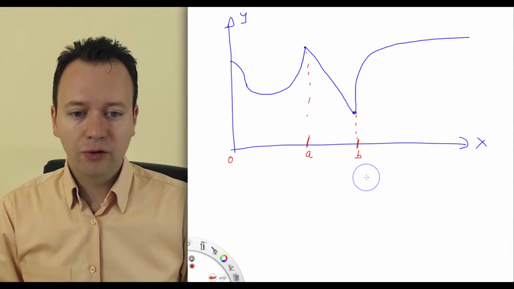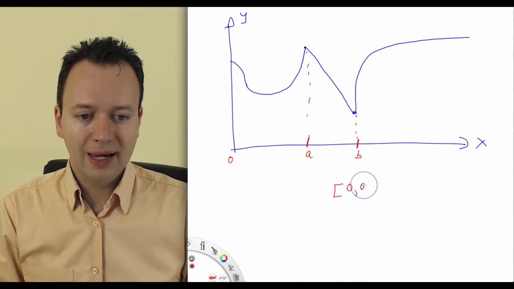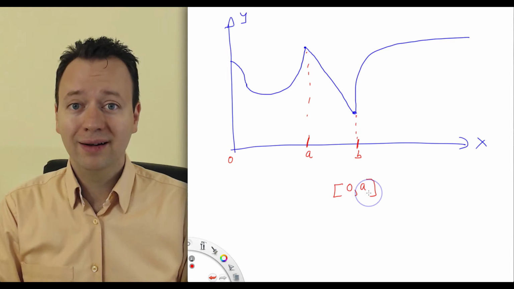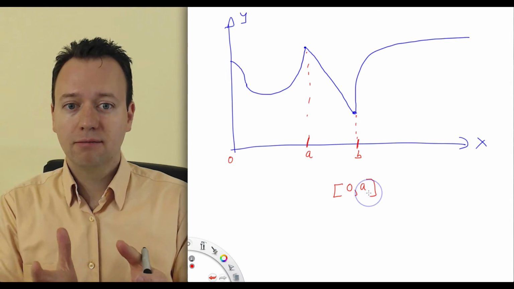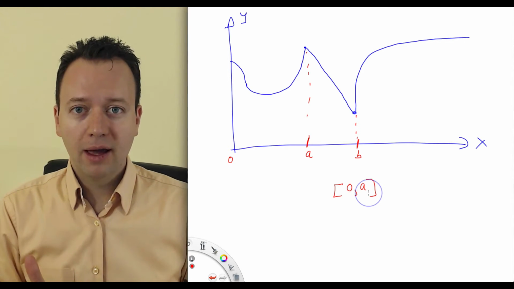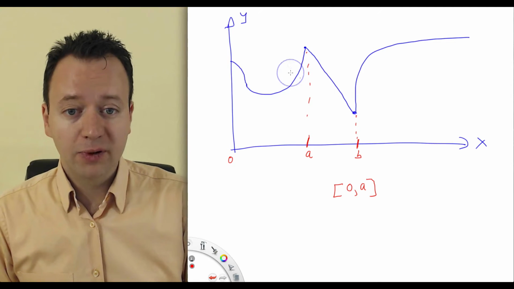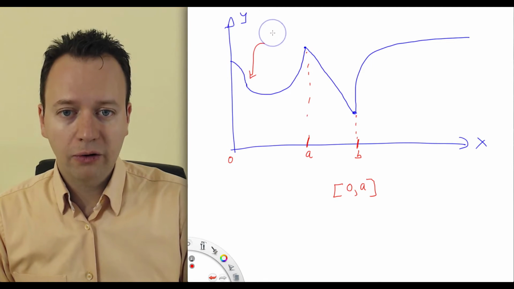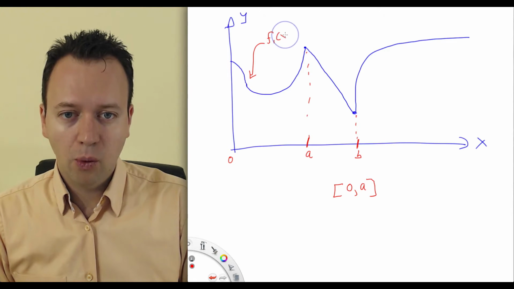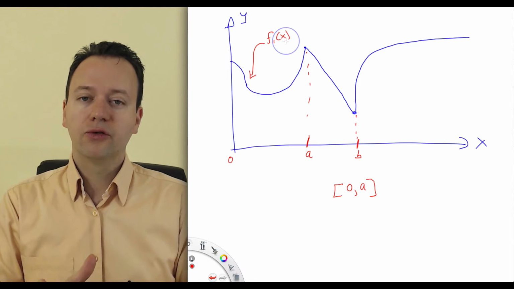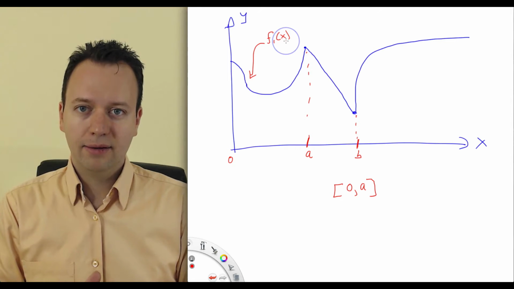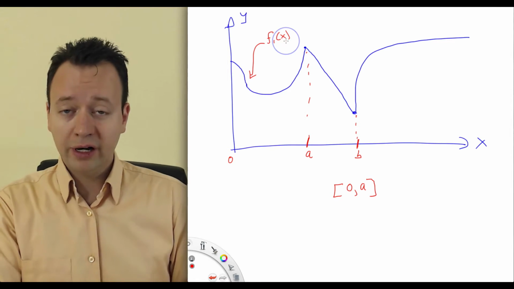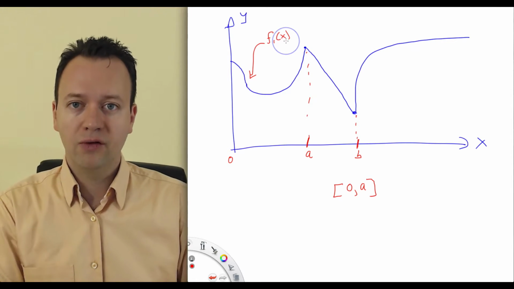So on the interval from 0 to A, we have one function behavior. In fact, there might even be a specific equation that models this. Let's call this one f1 of x. So on the interval from 0 to A, this function can be described by a particular formula given by f1 of x.